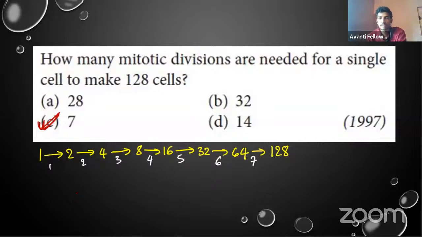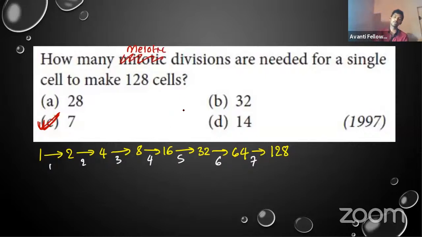Now another question. Majority is in the wrong way, so some of you were taught in a different way, I think. Hear me properly. Same thing, I will change this mitotic into meiotic division. Then what will be your answer?